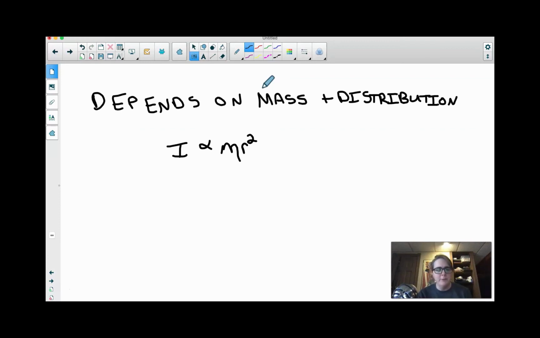So all you have to know is that increasing the mass and increasing how spread out the mass is, so increasing that R so that the mass is further from the center of mass, is going to increase the rotational inertia.